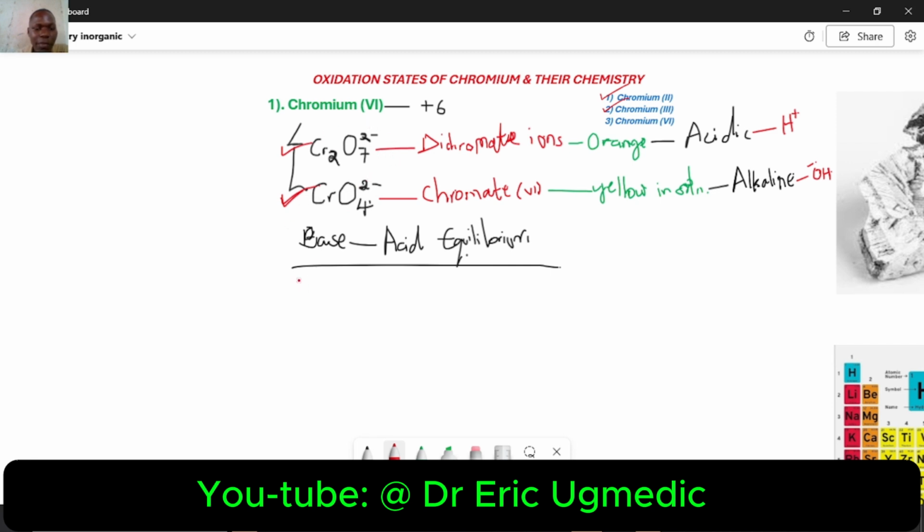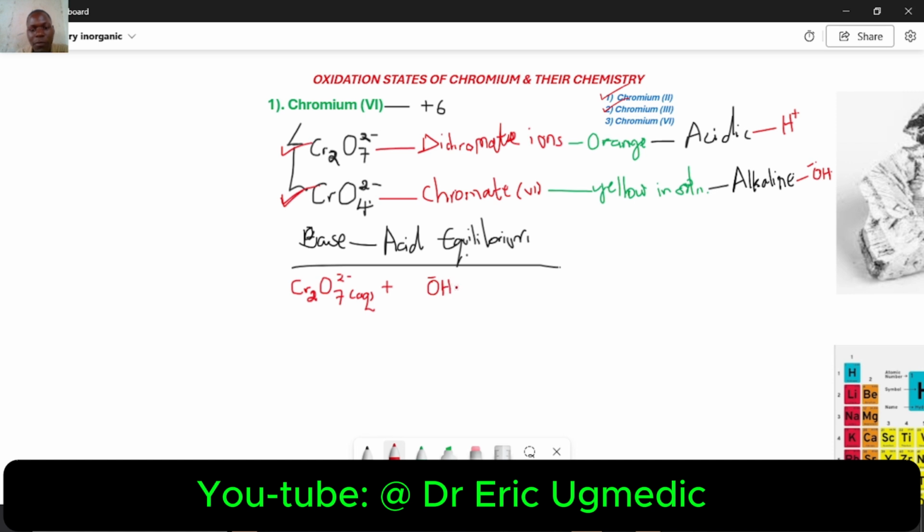So starting with the dichromate in alkaline medium, we shall have our Cr2O7 2 minus, that is dichromate, aqueous. We are adding something in which it's not stable, which is the alkaline. The alkaline medium will be provided by hydroxide ions, which can be from maybe sodium hydroxide solution.